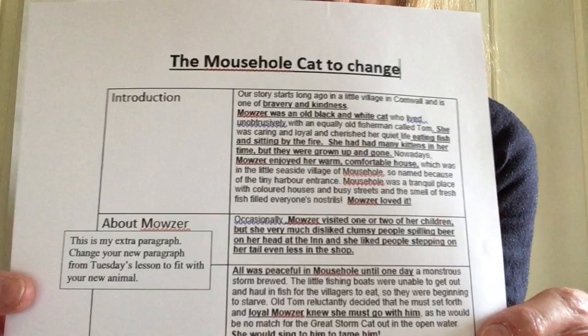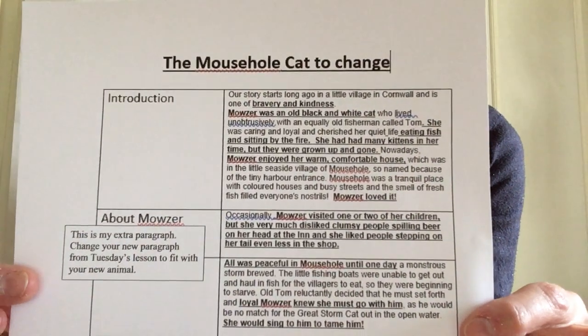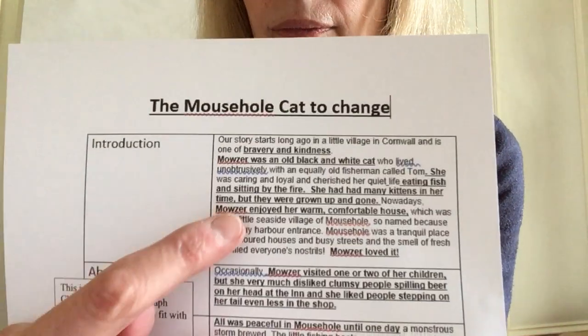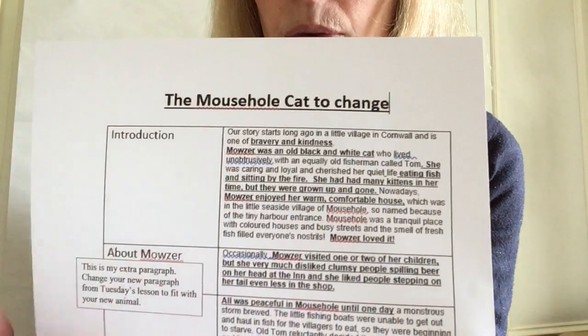So that's the two things we're going to change. On the attachment, you should see the underlined words. These are the ones you're going to change, because they are sentence openers or they're to do with Mowzer. Nothing else is going to change.